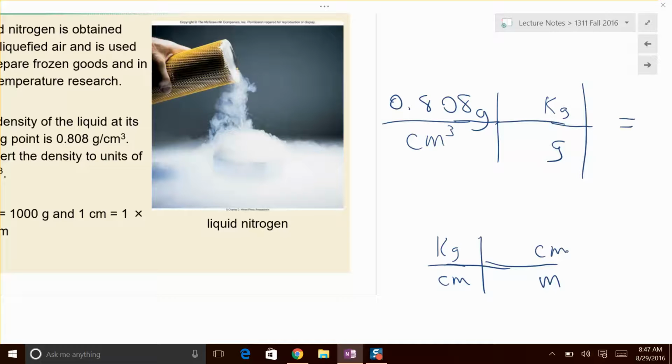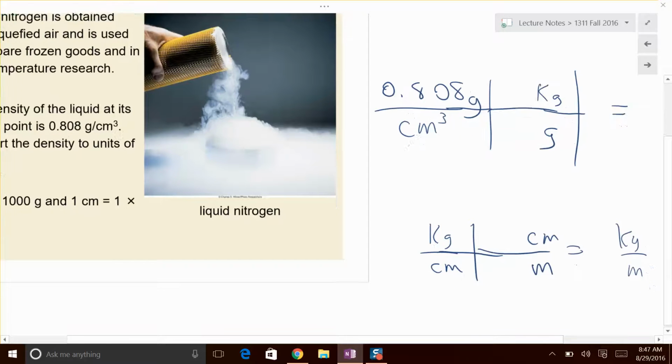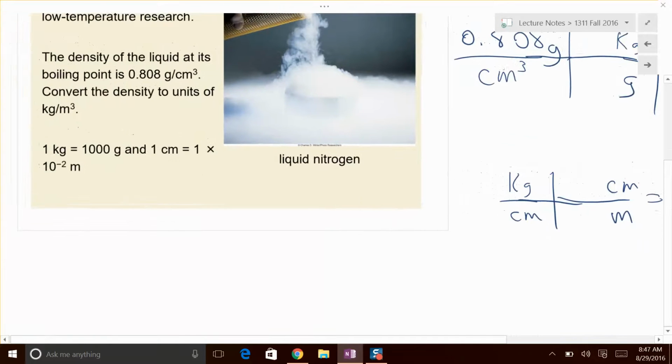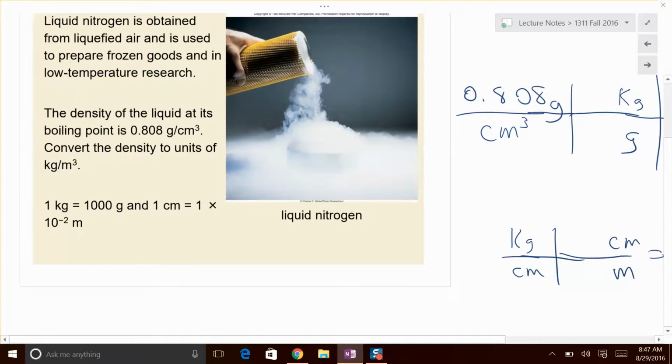And then I'll be able to get there: kilograms per meters. So these are our units that we would use.